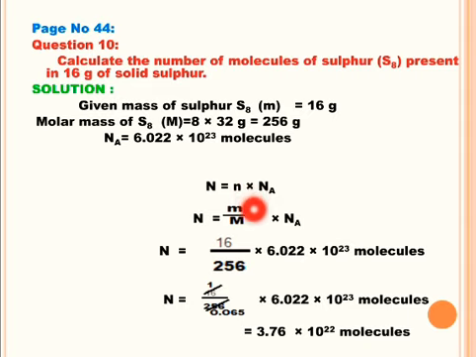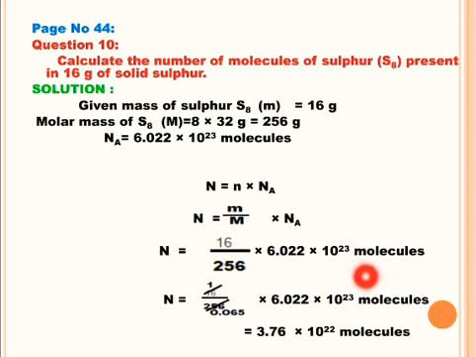So small m value is 16 grams and capital M value is 256 grams. Now divide 16 by 256 and multiply its value with this Avogadro number, that is 6.022 into 10 raised to power 23.